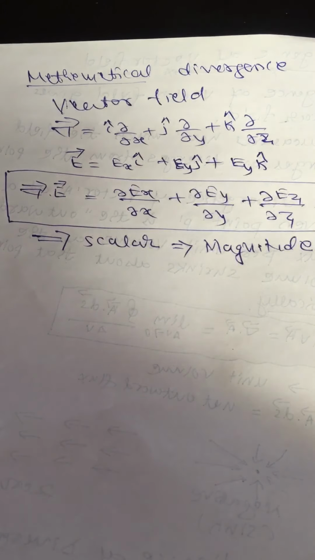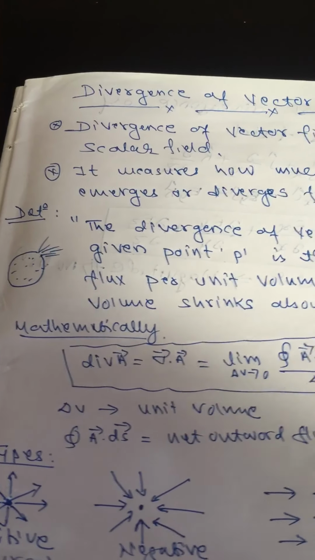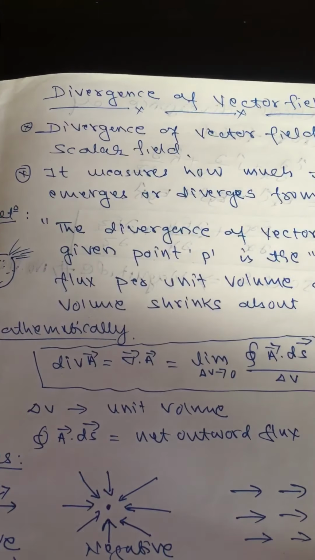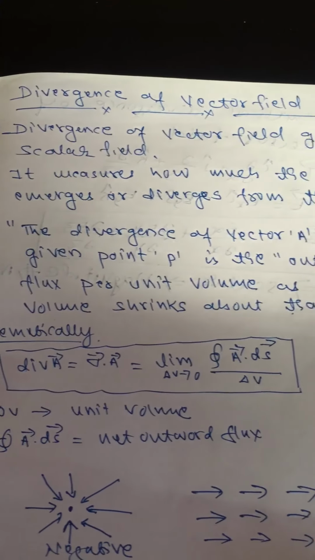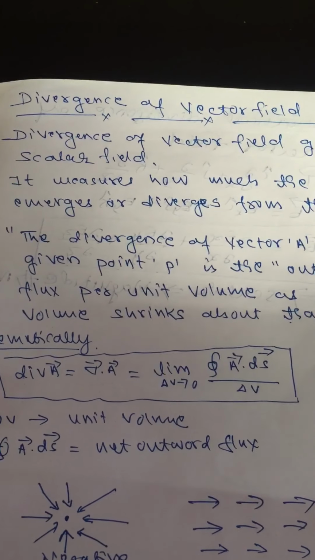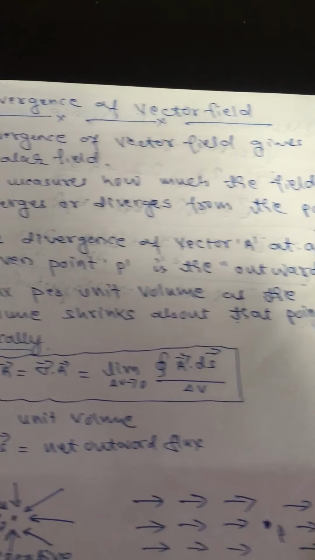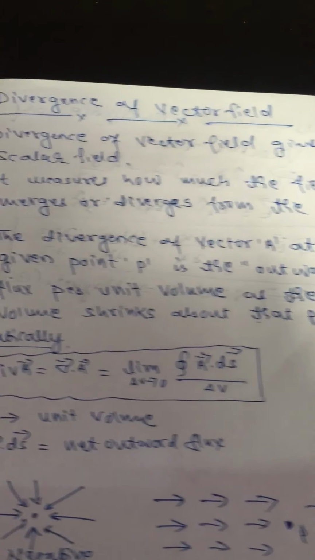So mathematically, what is the meaning of divergence? As you know, diverge means moving away from. Similarly, the divergence of the vector field, which gives a scalar field, measures how much the field emerges or diverges from the point.